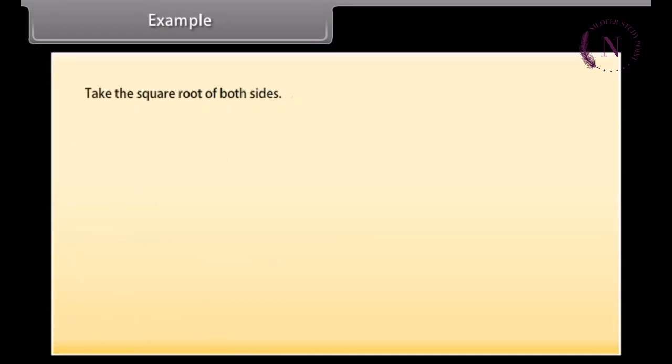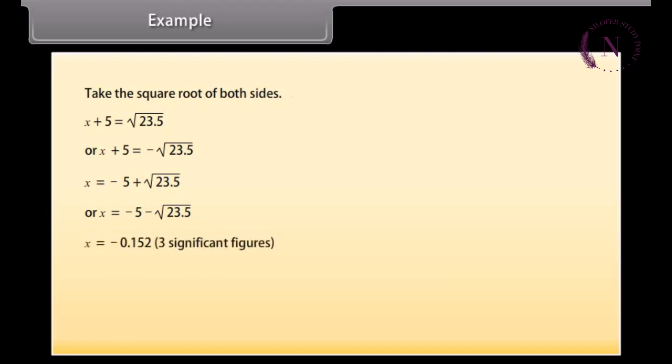Take the square root of both sides. x + 5 = √23.5 or x + 5 = −√23.5. x = −5 + √23.5 or x = −5 − √23.5. x = −0.152 (three significant figures) or x = −9.85 (three significant figures).